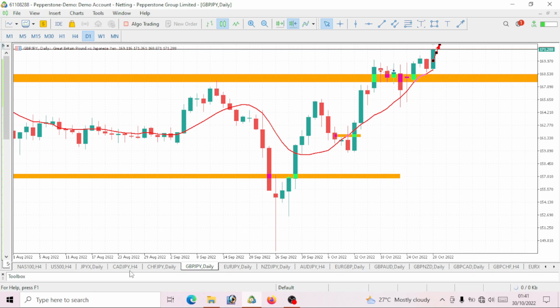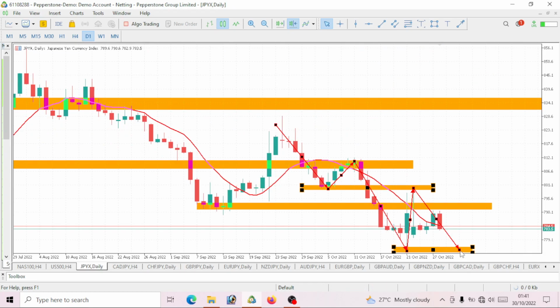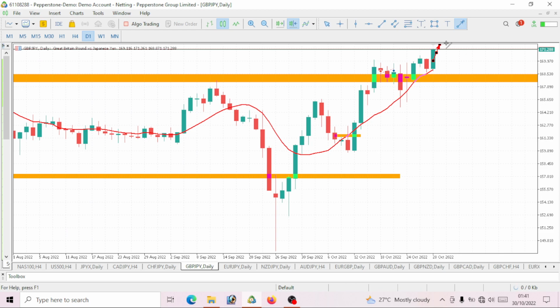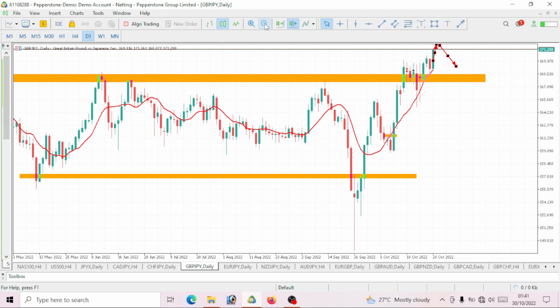Maybe then, once that JPY index gets to this level, if a pullback happens, which will be bullish for JPY, we might start seeing the bearish correction that we would all be expecting on GBP JPY to come and test our resistance level. That is if it will happen this week. So above all, GBP JPY would be expecting a bullish move this week.